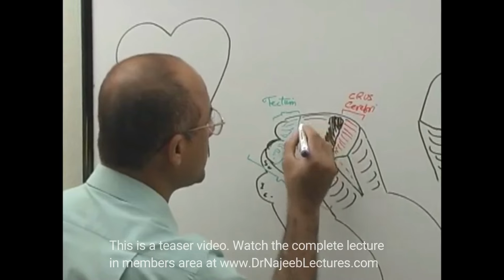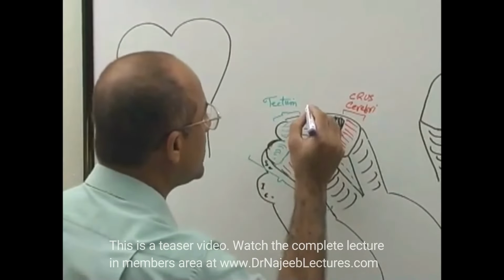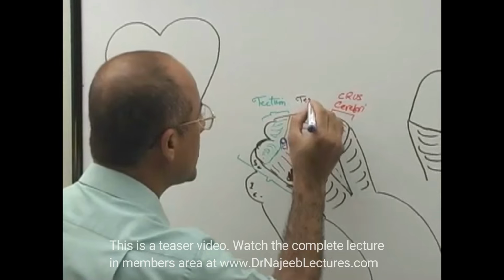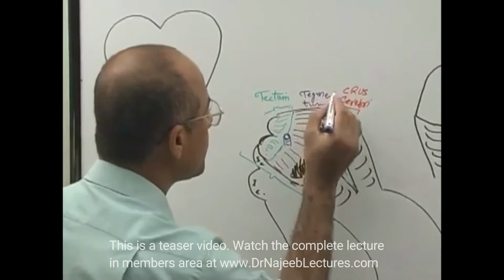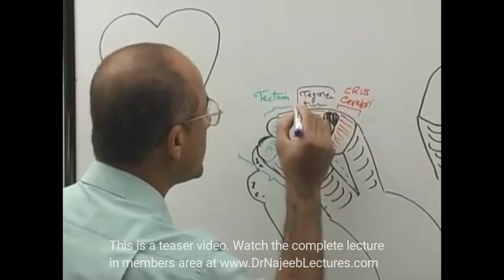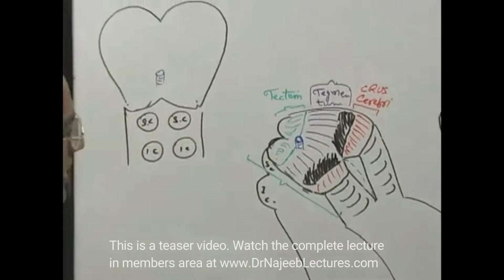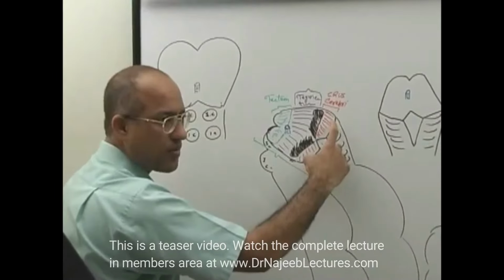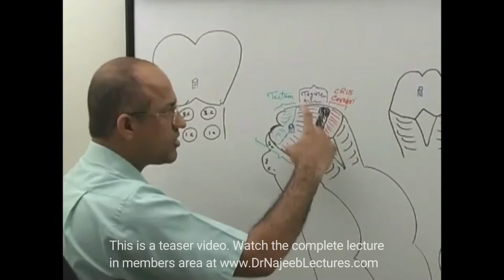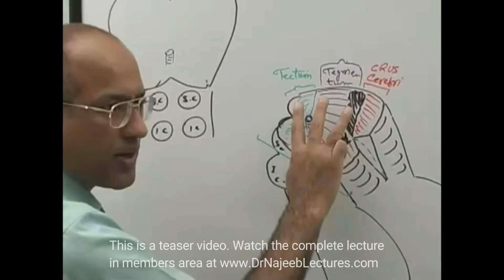Yeah, tegmentum is present in the pons also. So, this structure is tegmentum. So, we can say in the midbrain there is crus cerebri, then there is tegmentum and there is tectum. There are three parts of the midbrain.